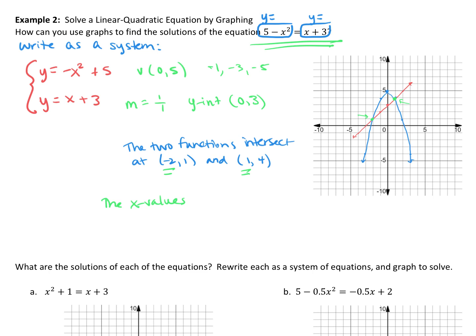So the x values are the solutions to the original equation. So we're going to say x equals negative 2 and 1.